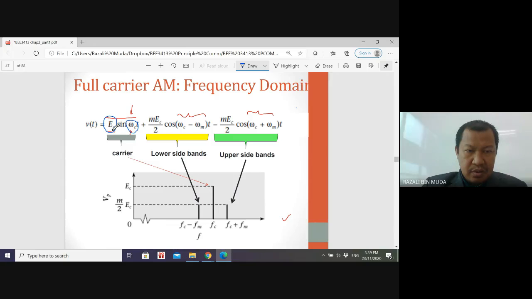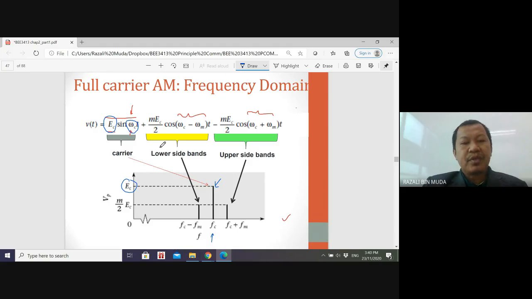So this information we transfer to the frequency domain, where we have the amplitude Ec and frequency omega c, or fc.